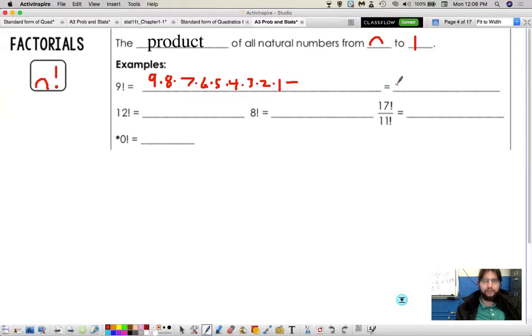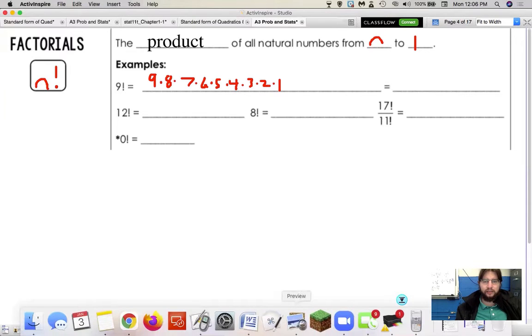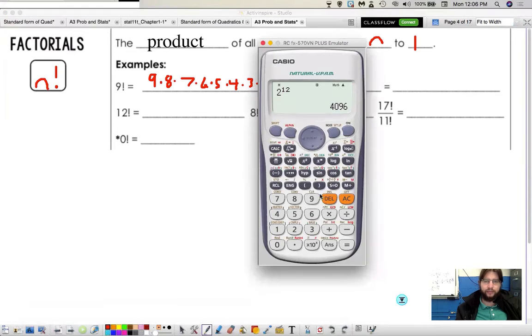You can do it here: 9 times 8 times 7 times 6 times 5 times 4 times 3 times 2 times 1. It gives you 362,880.